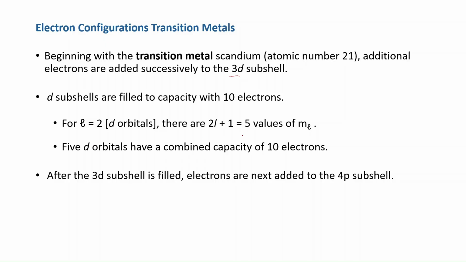We know that there are 5 d orbitals, so that means you can have 10 electrons in there. And after you fill the 3d, then you move to 4p. You go from 4s down to 3d, and then when you go to p, you go up to 4p. That's what I told you. Remember, when you get to transition metals, go down and then go up when you get out of them. Okay?